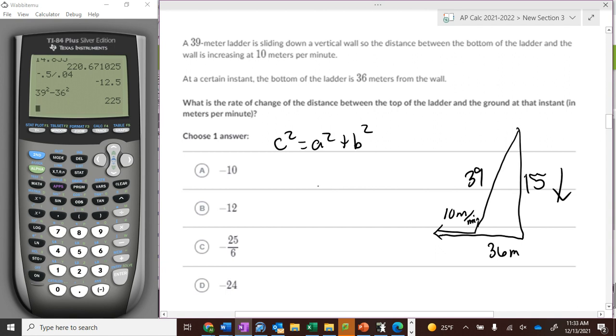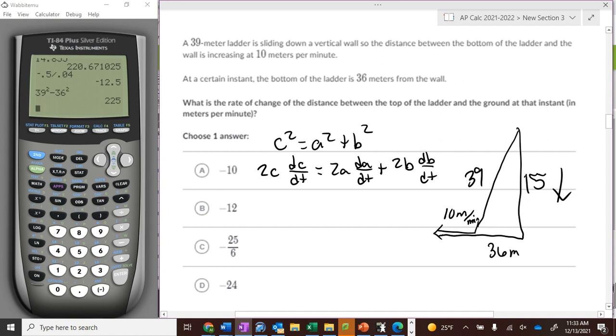What's the first derivative with respect to time? 2C dC/dt equals 2A dA/dt plus 2B dB/dt. All right, so the length of the ladder, does it change?